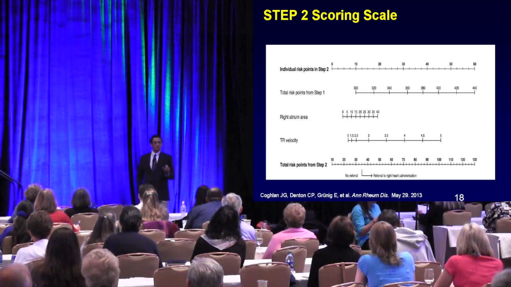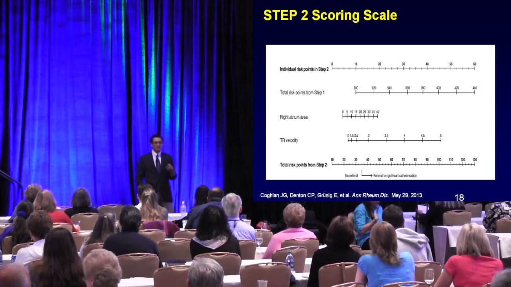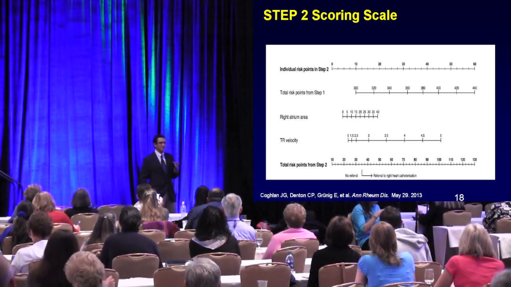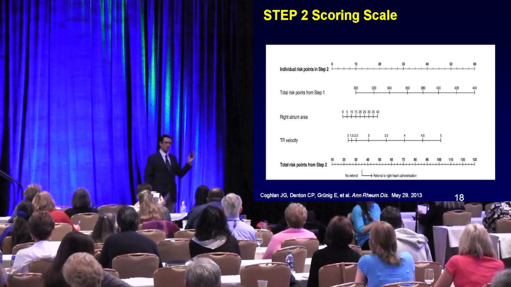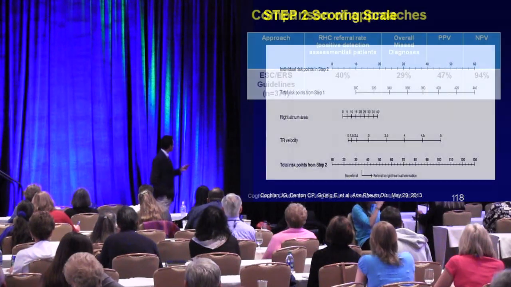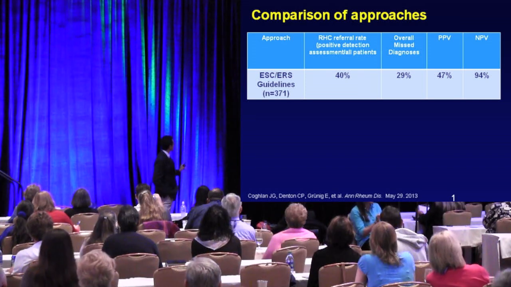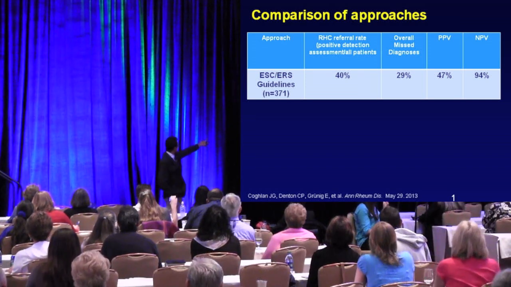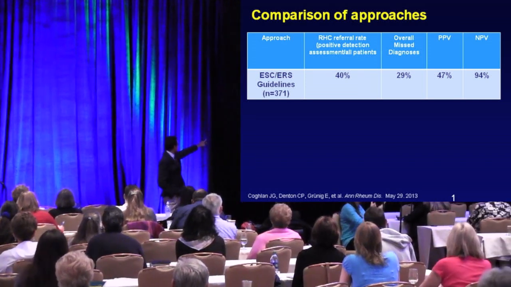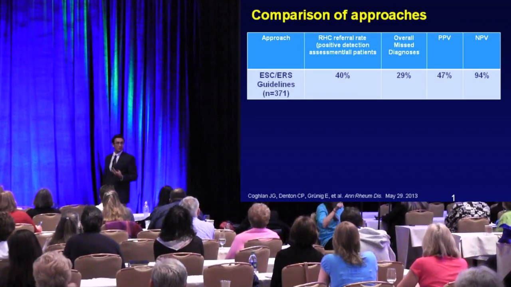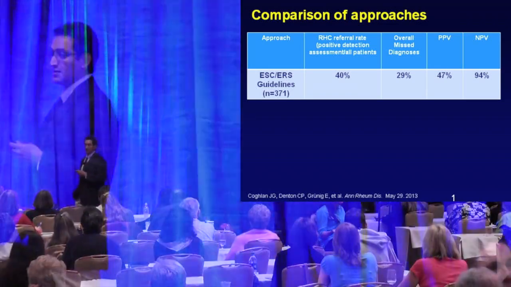Now the question to ask is, why do all this fancy mathematics and statistics? Why not stick with the echocardiogram? I showed you why not stick with the echocardiogram. Here's another example. If you just follow the echocardiogram, look at the third column, we would have missed 29% of the people who had pulmonary arterial hypertension.